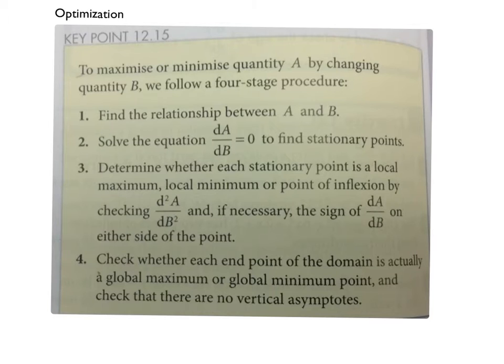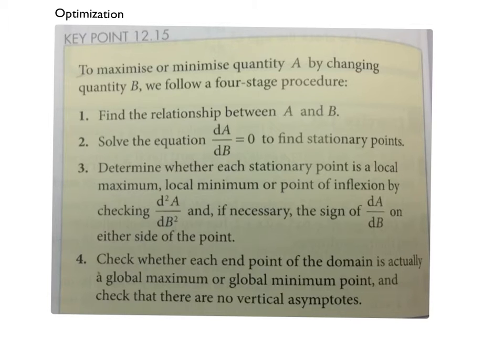Any of those are some real world examples of wanting to make sure that you are either making the most of your space or losing the least amount of money. And all of those are good examples of finding the maximum value of a function or finding the minimum value of a function. And when we say that, we're talking about our global maximum, our overall maximum, or our overall minimum.